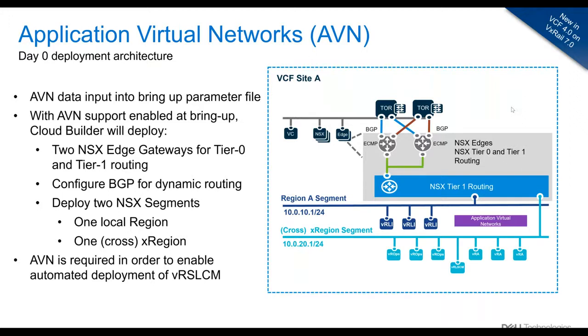So you look at the components in this slide with region A, components like vRealize Log Insight will only need to be deployed locally. However, the remaining portions of the vRealize suite, like vROps and vRealize Automation, as well as vRealize Suite Lifecycle Manager, are all deployed when you choose to deploy them onto the cross-region NSX segment.